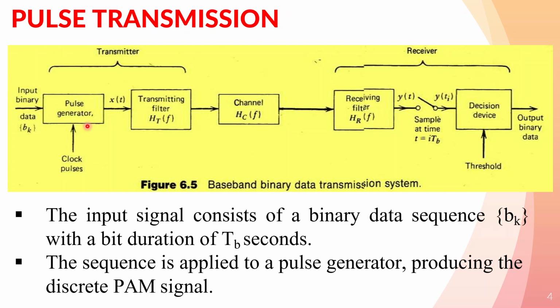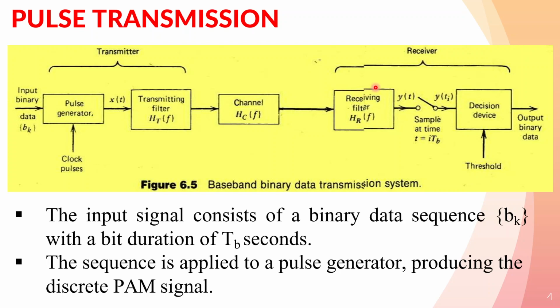x of t will be produced by the pulse generator. Now this waveform is transmitted through a transmitting filter, which has transfer function Ht of f, and it is given to a channel Hc of f. In a baseband transmission system, the transmission channel will be coaxial cable or optical fiber waveguides.